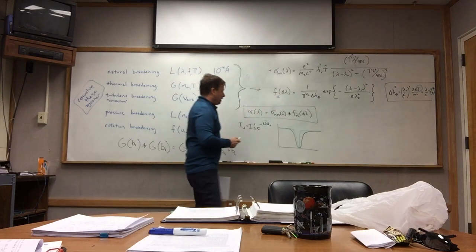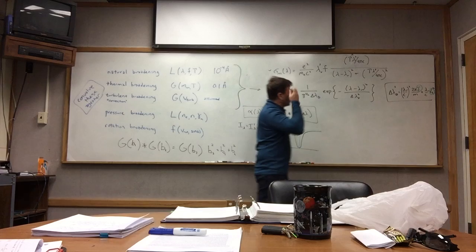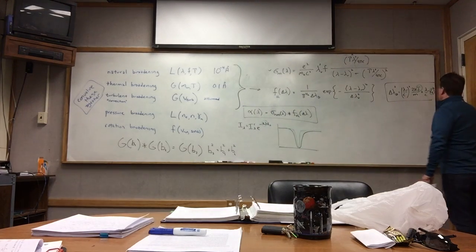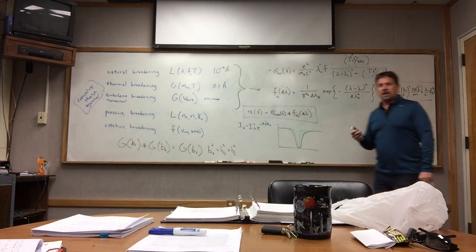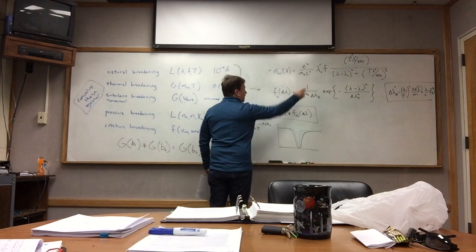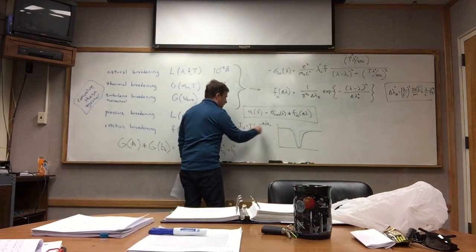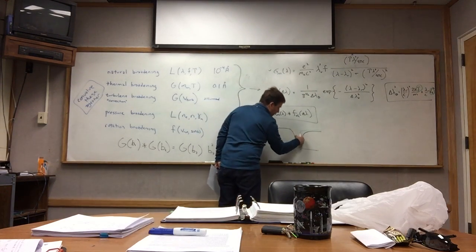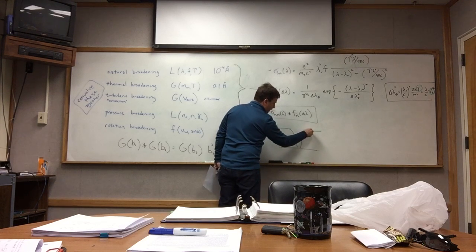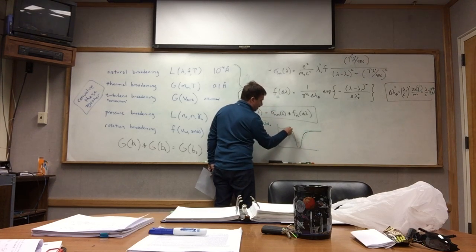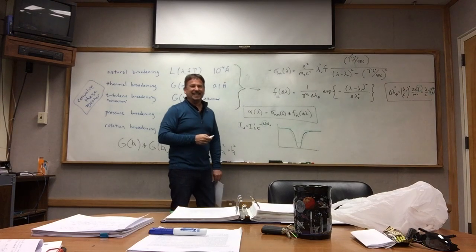All right. Well, it needs to be broader. Where can I get some more broadening? Well, I could crank up the temperature. How about I crank it up 10,000 degrees? I crank it through, convolve it, calculate this. Right?